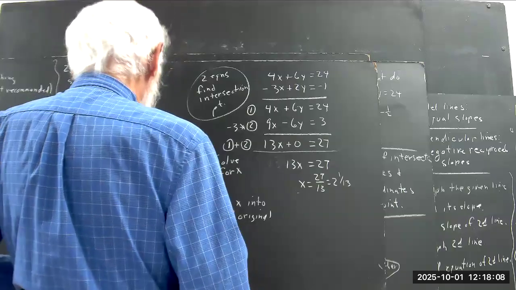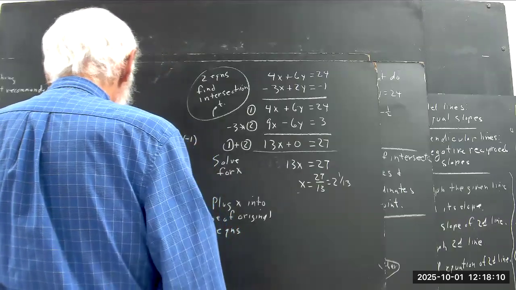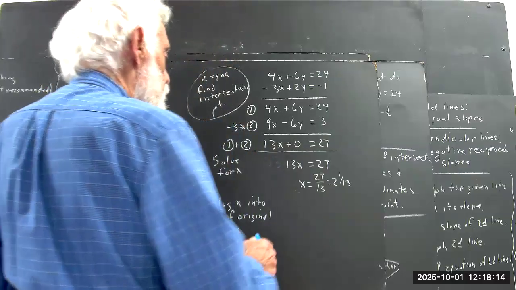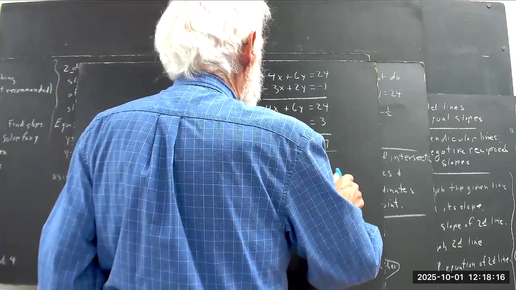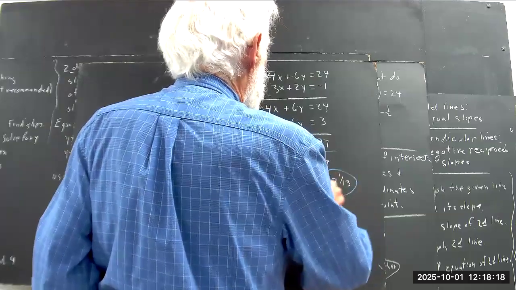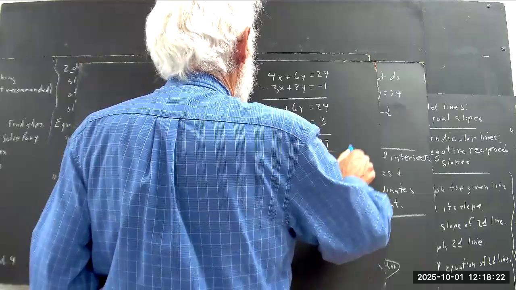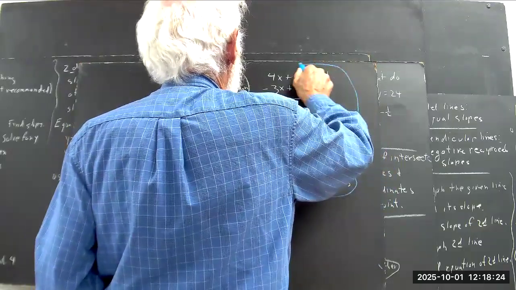Okay, now we plug x into one of the original equations, which means we take x equals 2 1/13, and we plug it in. We'll just plug it into the first equation.